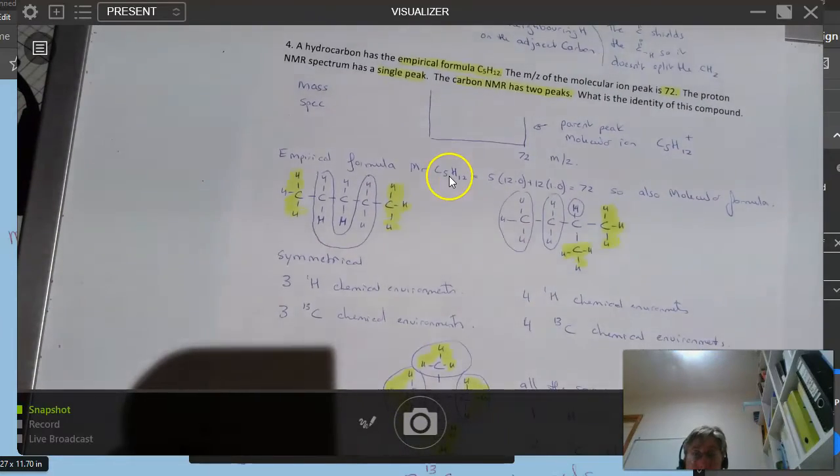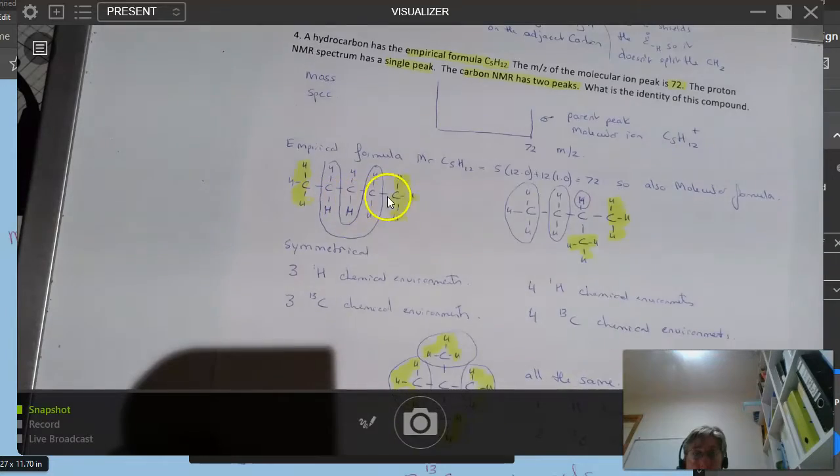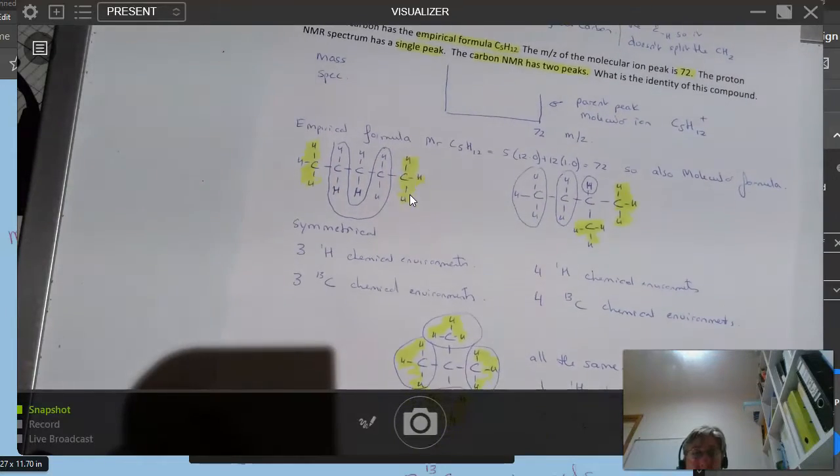So we've got 5 carbons to play around with. We can put them all in a straight line. This is a symmetrical molecule, so it's got the same on both sides. The ones on the end are in the same chemical environment, because each of these hydrogens is attached to a carbon with 2 other hydrogens and has a CH2 as its neighbour.